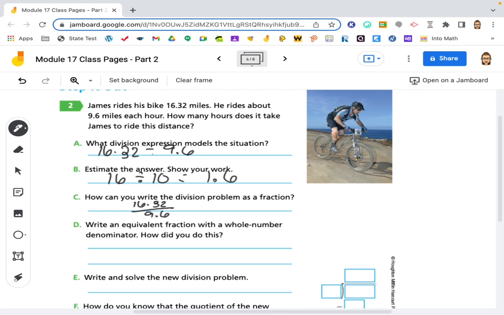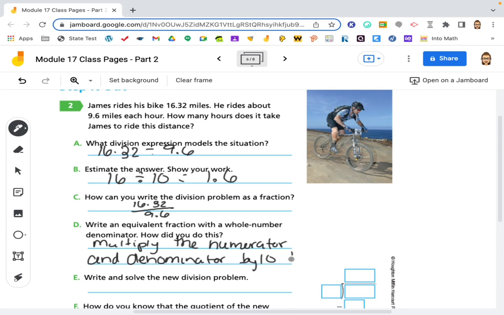So write an equivalent fraction with a whole number denominator. And how did you do this? Well, we're going to multiply the numerator and denominator by 10.